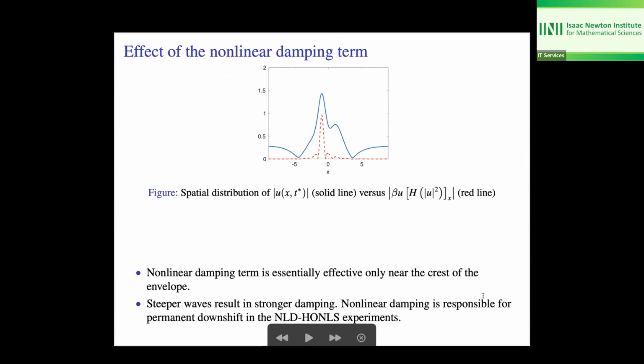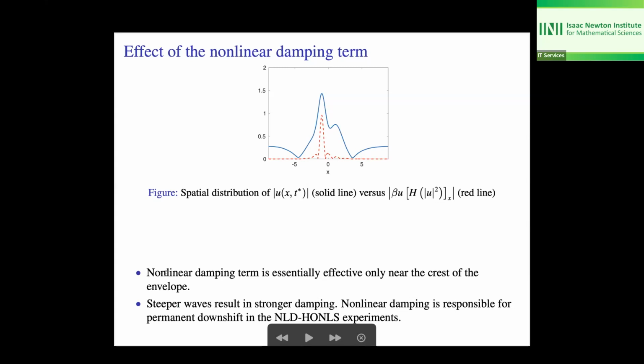And just so you have a rough idea of the effect of this damping term, here's the spatial profile of the amplitude of U at some time t star versus the nonlinear damping, the beta term. And so you see the damping term is given by the red dashed line.